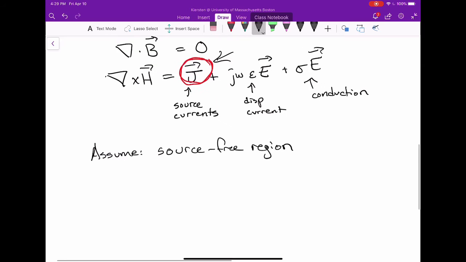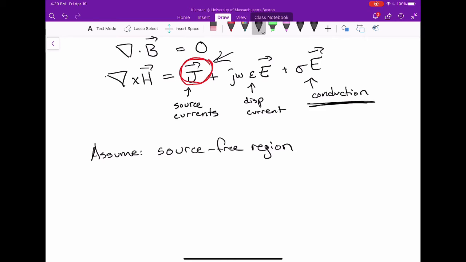This is true anytime we're not physically right on top of these sources. So even if we're right next to them, if there is not a source directly at the point that we're considering, we are in a source-free region, so it's fine. The currents and charge distributions can still exist, but they're a consequence of the fields that are present. So there are things like this sigma E term, that's okay.